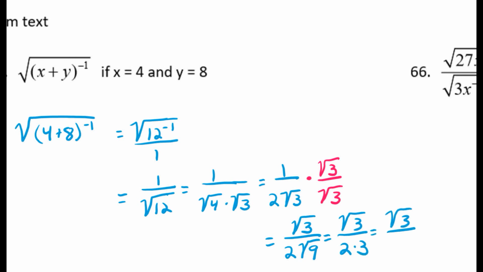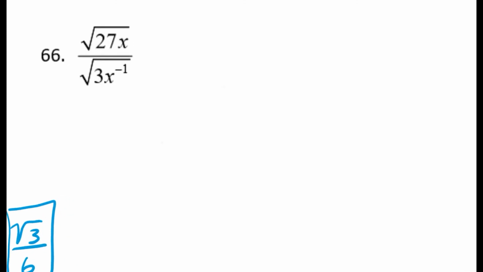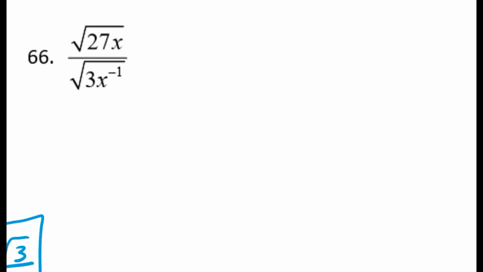And finally, again, I know I mentioned this before, but don't be tempted to simplify something that's under a radical with a number that's not under the radical. All right, similar in that this has a negative exponent, and so we want to think about how we would move that to the other side of the fraction bar.